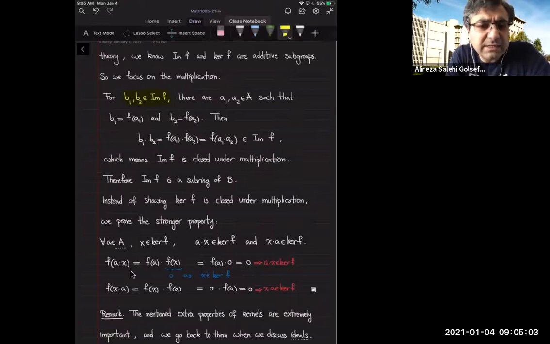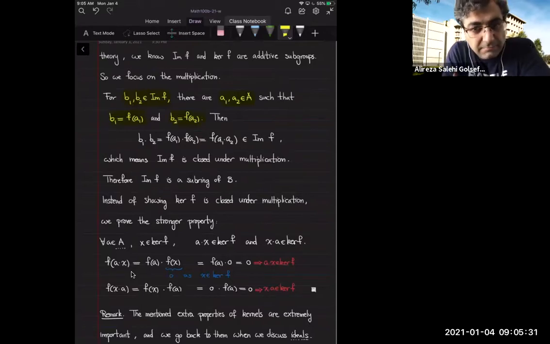But what does it mean that b1 and b2 are inside the image of f? It means they are values of f at some points in the domain, so I can find a1 and a2 in the domain such that b1 is f of a1 and b2 is the value of f at a2.